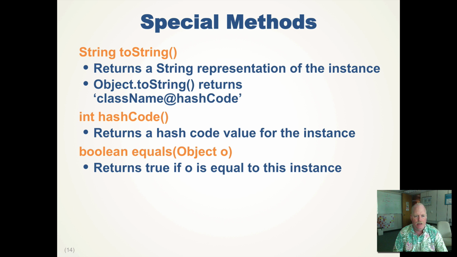So if you had a chess square whose rank was 1 and file was A, and another second chess square whose rank was 1 and whose file was A, if you use the Object equals, it will return false, and we really want it to return true. So you should override these methods. Thank you for paying attention.